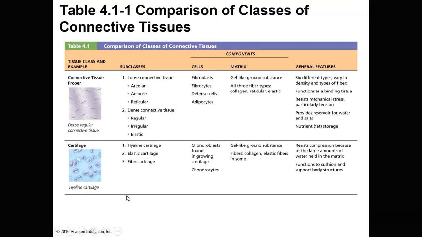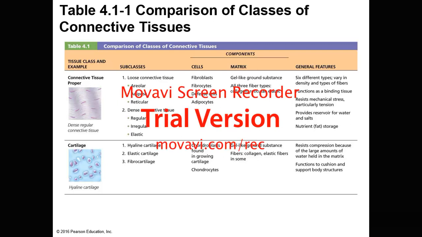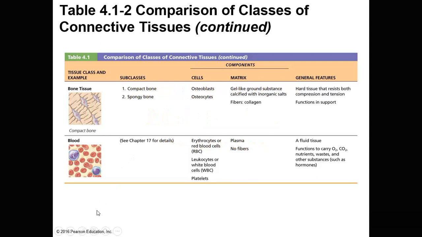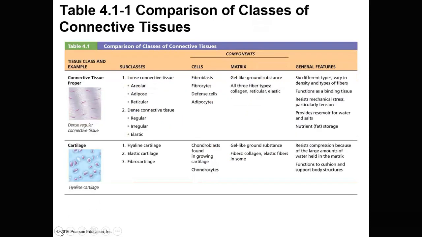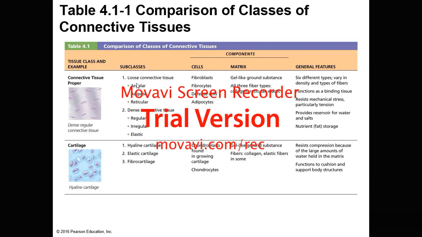So this table is just a comparison of the classes of connective tissue, okay? So you have your connective tissue proper, and then you have the subclasses for connective tissue proper.